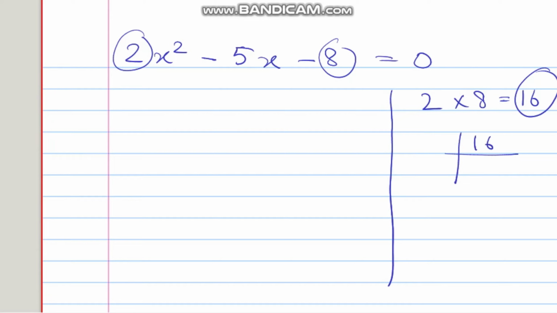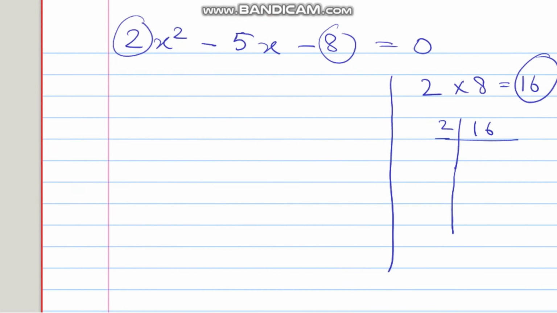By choosing the factors of 16 which are desirable to us. We want two factors of 16 which will multiply and give us minus 16, and which will be added or subtracted to give us minus 5.